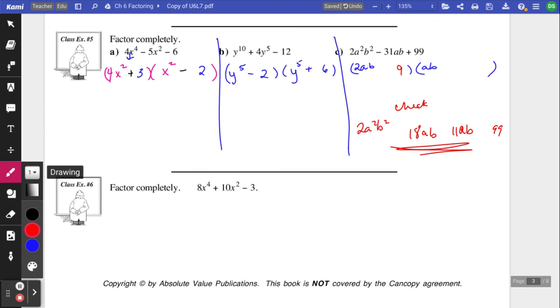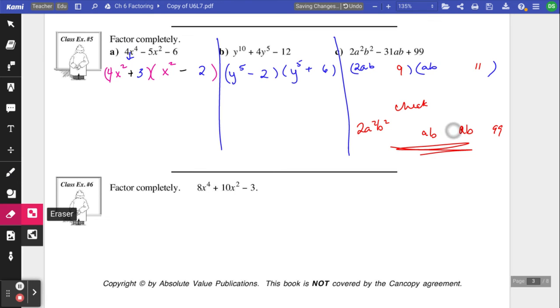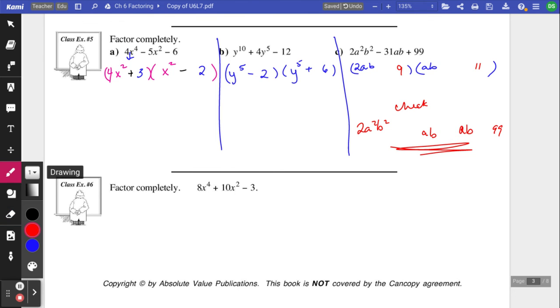What if you put the 9 here and the 11 here? Then you'll get 22 from this big one and 9 from here. Can that give you 31? Yes, if they're both negative. Good.